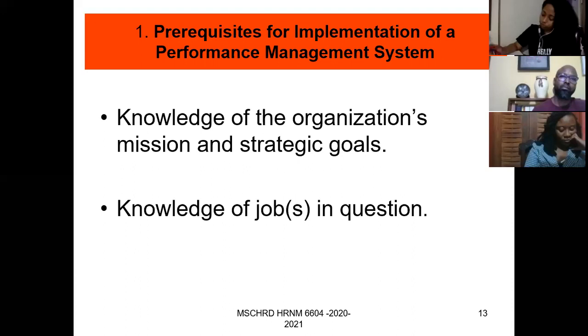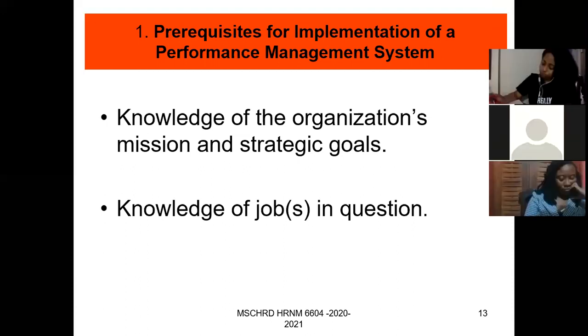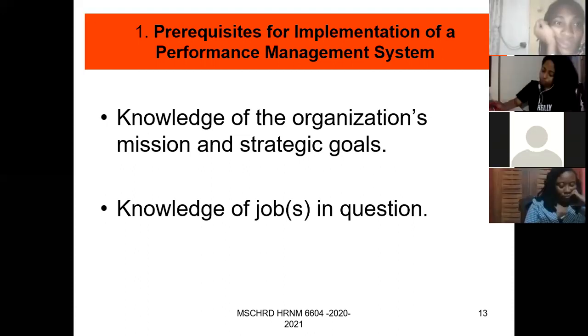You need to do that in order to get verification, because if not, you're going to design a system that doesn't link to what they do, and it becomes unusable. So if you're going to a small organization and they don't have a strategic plan, you might very well have to ask the questions that will allow you to understand what this organization is all about.